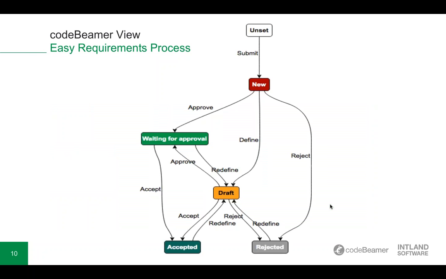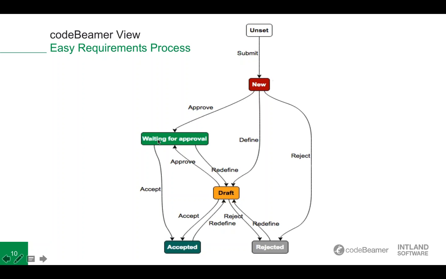And as you can see, CodeBeamer gives you the chance to define your workflow processes again as well. And this is an automatic drawing that we do if we create a workflow within anything that is called tracker. Tracker is a CodeBeamer object that can be tracked or traced. Here you don't see the roles, but it's the same.